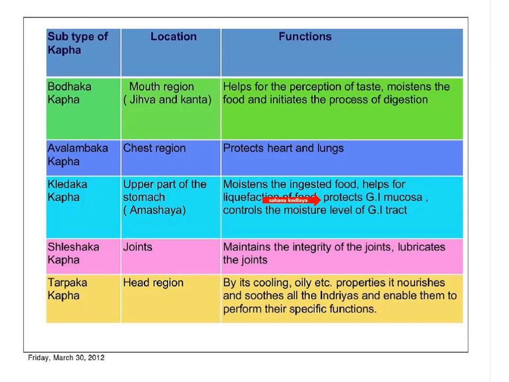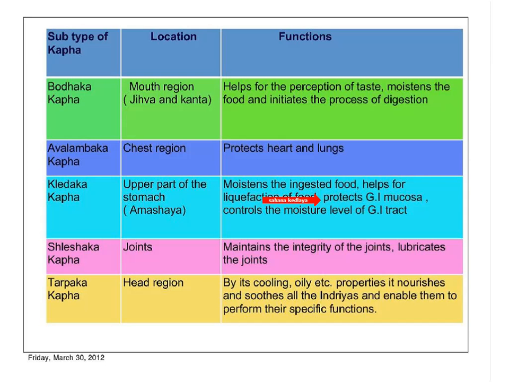Whereas this Kledaka Kapha, the mucus secretion, provides the protective layer against the gastric mucosa and protects the mucosa from damage by the gastric acid. So if this Kledaka Kapha is low in the stomach area, then the gastric acid will directly come in contact with the gastric mucosa, resulting in the formation of ulcer.